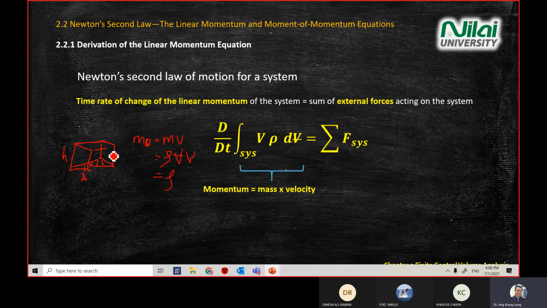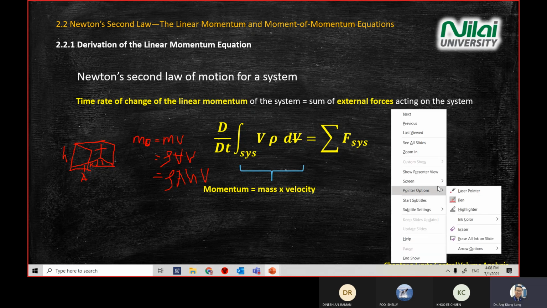So normally the volume itself gives you A times H, times V. These are the parameters that you need to be careful with in calculation. Normally we reduce to more fundamental parameters, for example area, H, density, and velocity. These are the fundamental concepts that you need to bring back for this section.